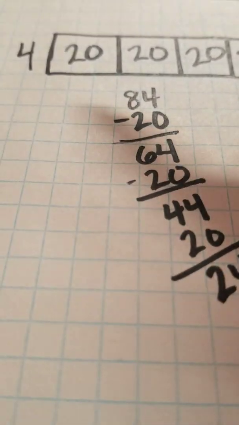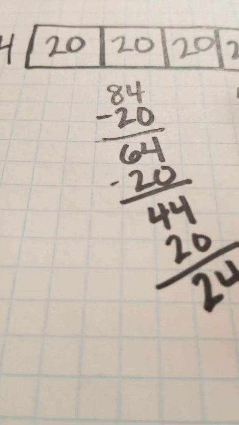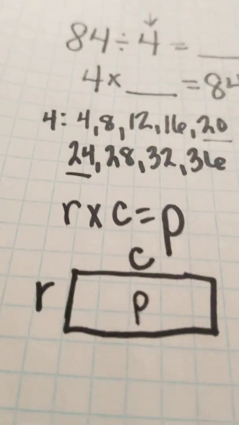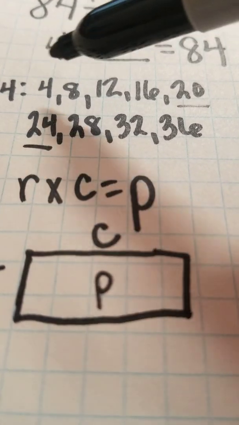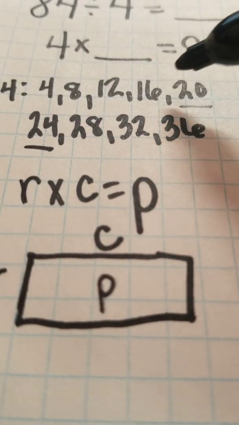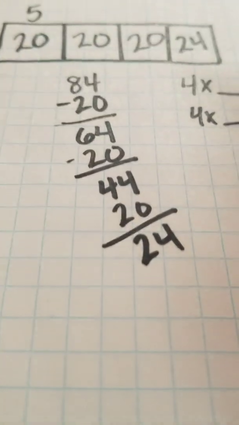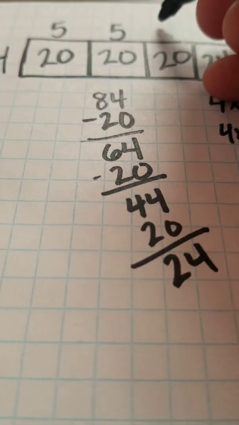So if you don't know how many times 4 goes into 20, or 4 times what equals 20, we can go back to our multiples. How many 4s till I get to 20? 1, 2, 3, 4, 5. So it's 5. Luckily, I've used 20 several times, so it's 5 each time.